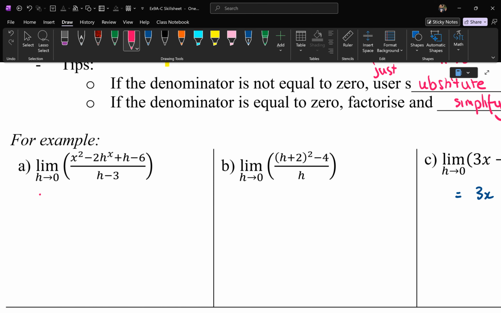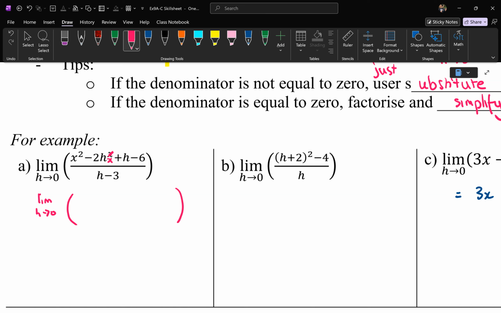So my next line, I still need to write limit h approaches 0. What am I going to do? In this case here, I'm going to see if I can simplify anywhere. Actually, I wonder if that's meant to be h to the power of x or just hx. I think that's meant to be hx. Can you change that to just hx, please? Yeah, it should be hx. All right.